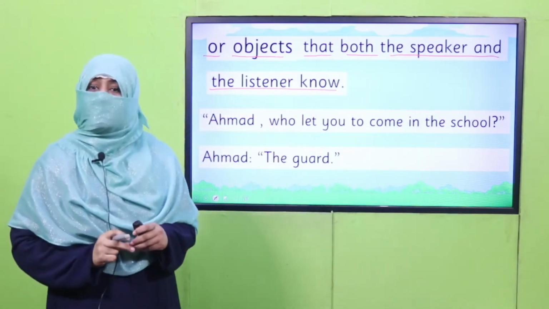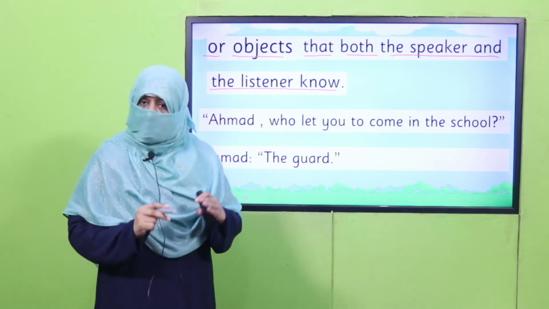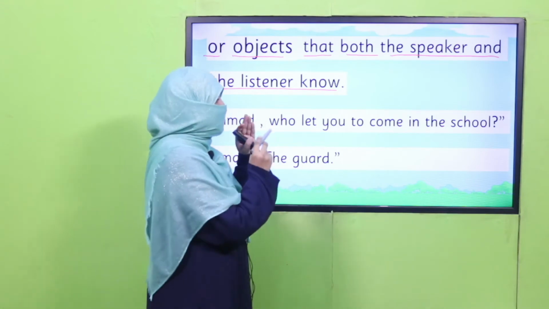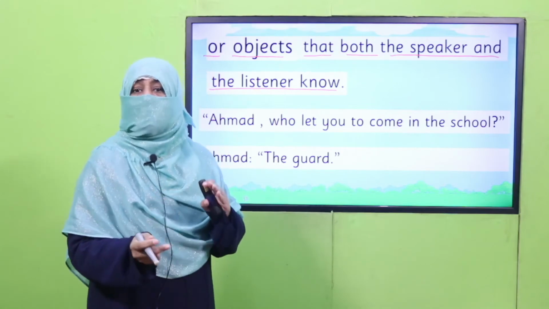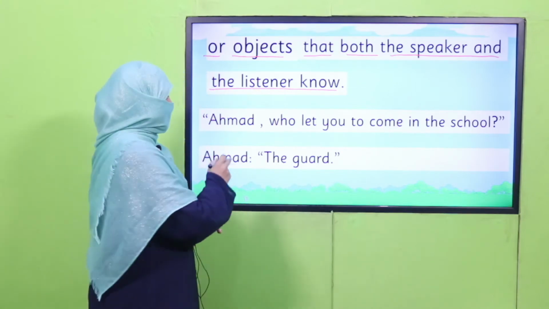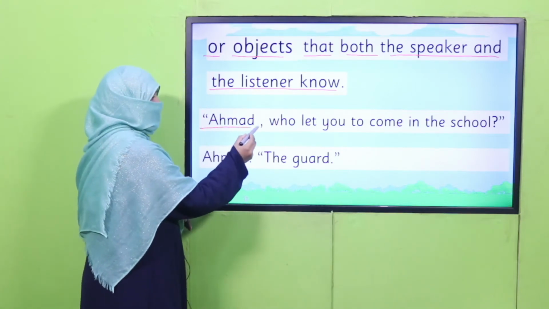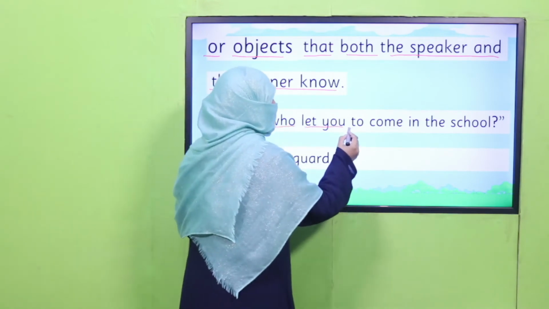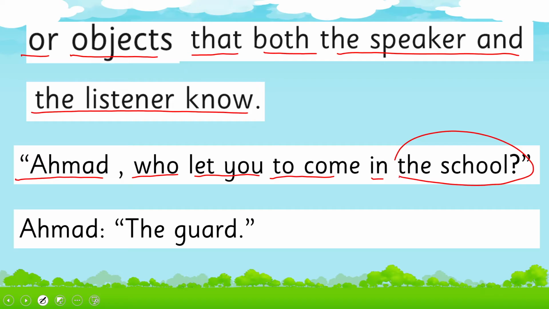Now, we use this with common naming words, but when we use the, it becomes a particular or specific naming word. For example, if I say, Ahmad, who let you come in the school? Now, if you look at this sentence, school is a common naming word.